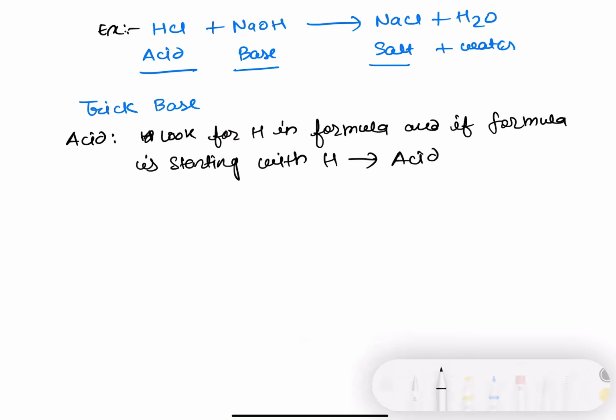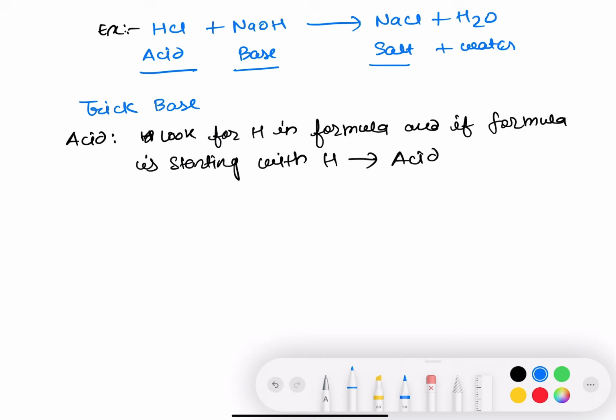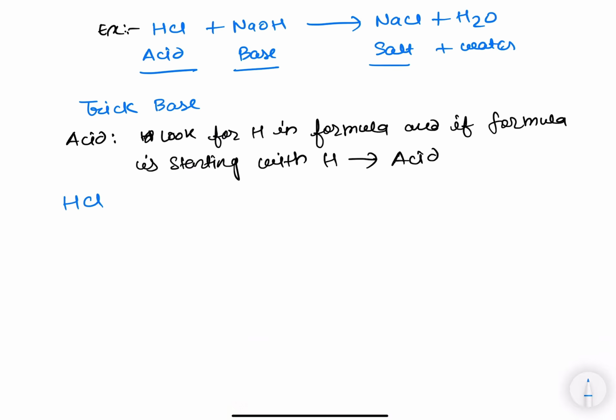So I will explain the trick. If you got HCl, look for hydrogen. There is hydrogen, and it is in the beginning of the formula, so it is an acid. If you don't remember the definition of Arrhenius acid, you can use this trick. HNO₃, again H is there, in the beginning of the formula, so this is an acid.